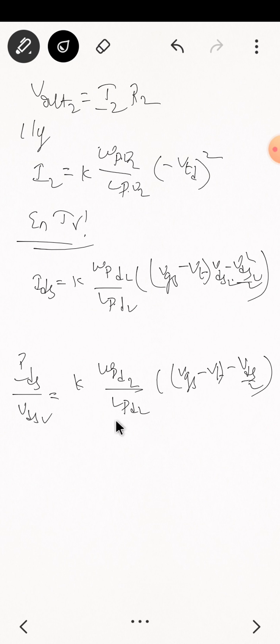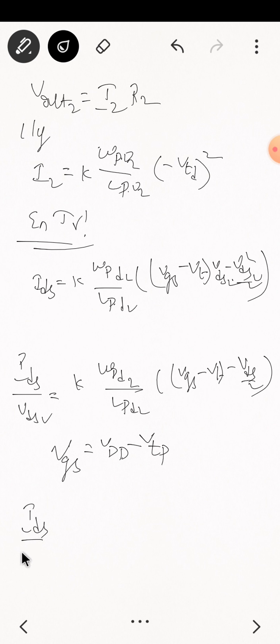Here we have to consider the VGS value. In the starting we said VGS is equal to V inverter 2, which is VDD minus VTP, where VTP is the threshold voltage of the pass transistor. I am going to substitute this VGS value in the above equation after neglecting VDS by 2.